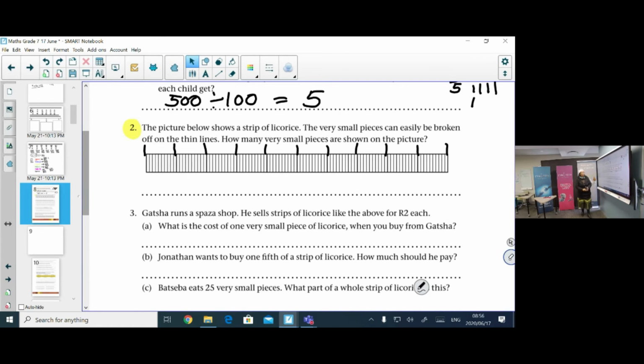So if you count, 1, 2, 3, 4, 5, 6, 7, 8, 9, 10, 10 out of the 10, and that will be 10 times 10. You are having 100 pieces because you can count and find that you are getting 100 pieces over there.